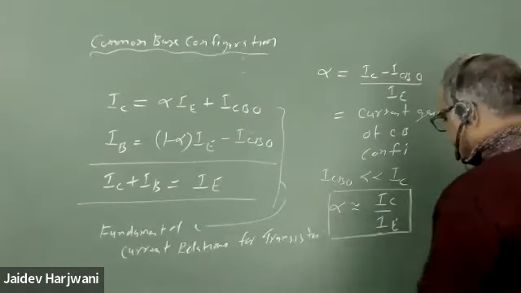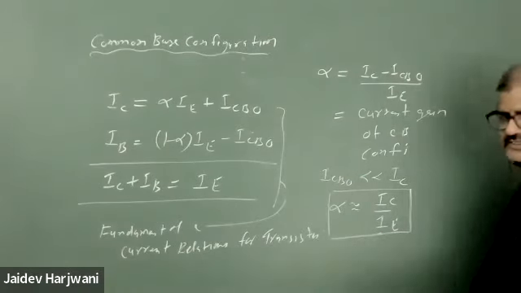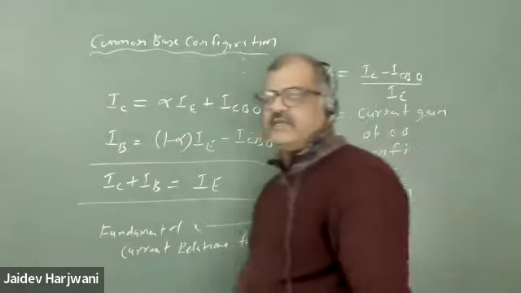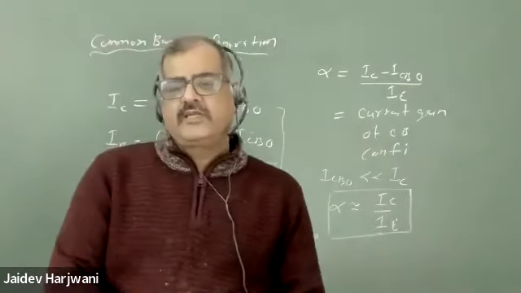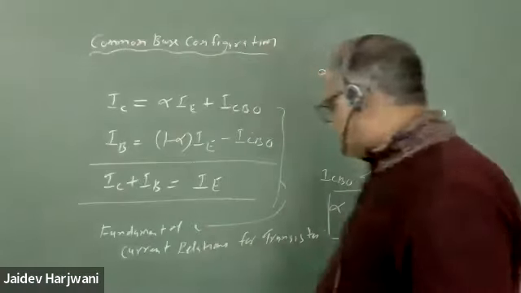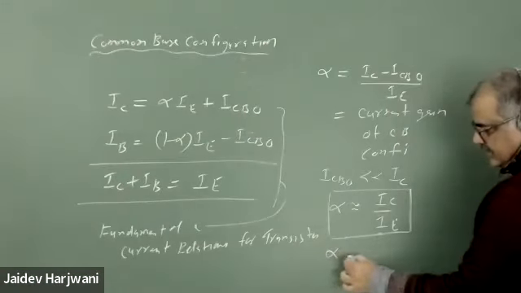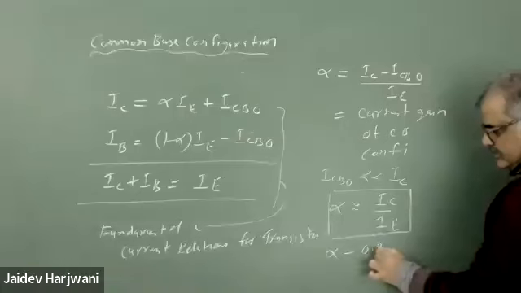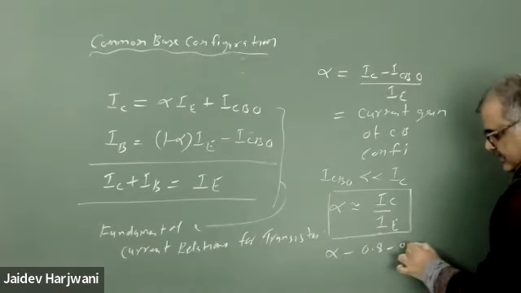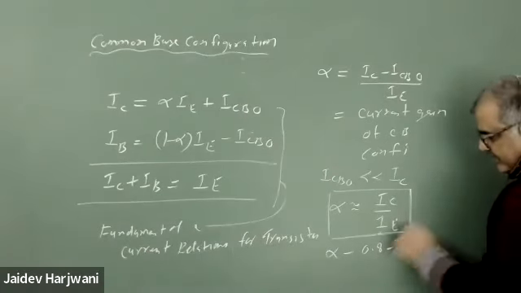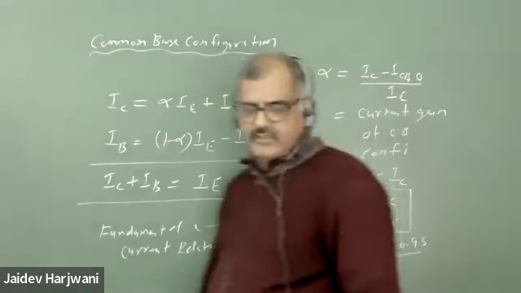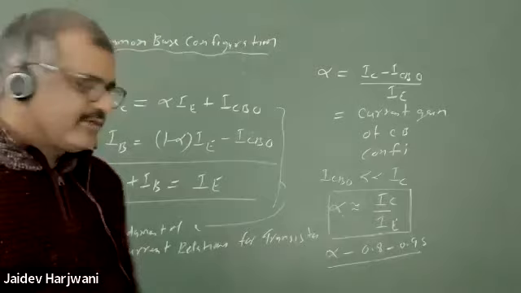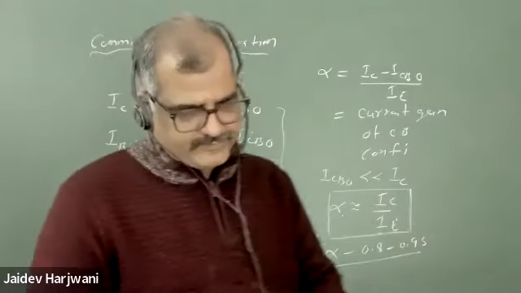The alpha value varies from transistor to transistor, but generally it is almost close to one, only some fraction, 10 to 20% less. So alpha varies from say 0.8 to 0.999 or 0.95. That alpha is a very small fraction away from one.